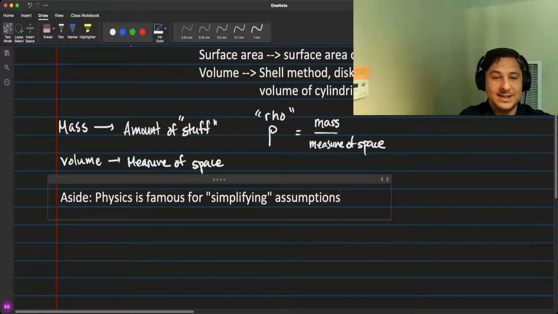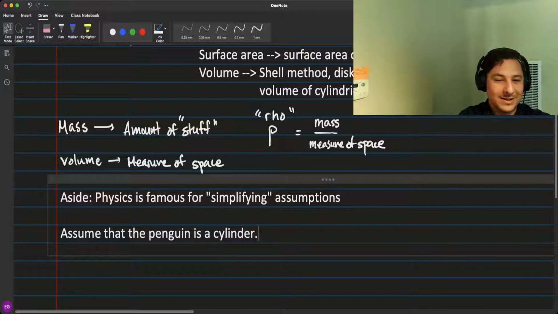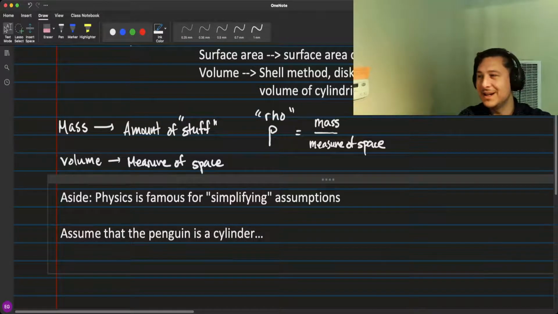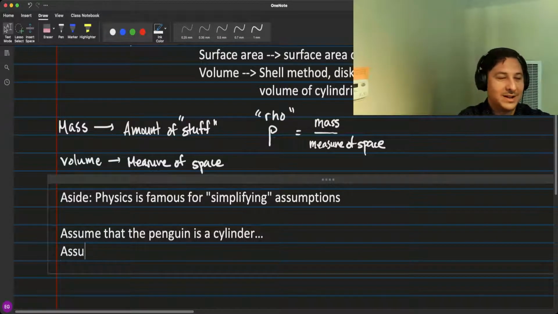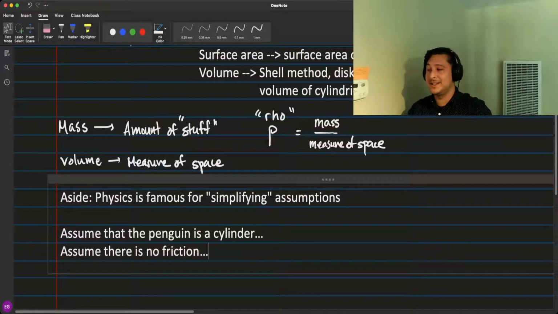Some of the greatest hits include things like, assume that the penguin is a cylinder. Or, and this usually pisses people off, assume there is no friction. A lot of the times when you're learning physics, they'll say something where you're like, that doesn't seem very practicable. And they have to do this because otherwise you wouldn't be able to solve the problem.